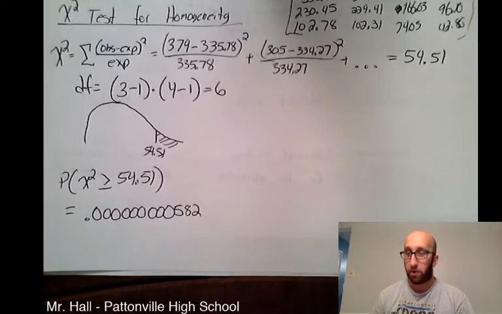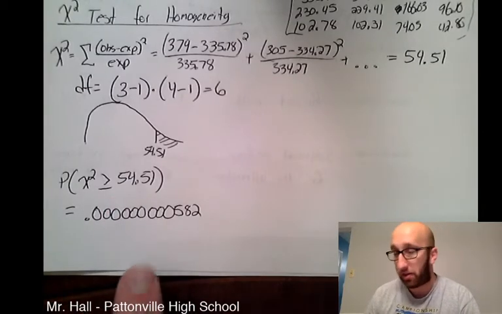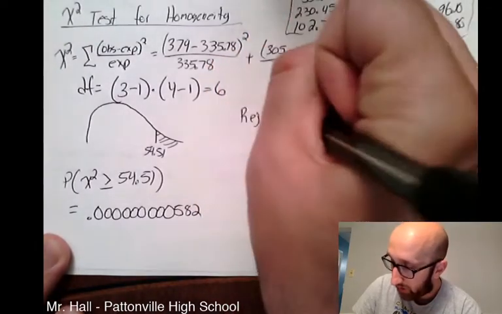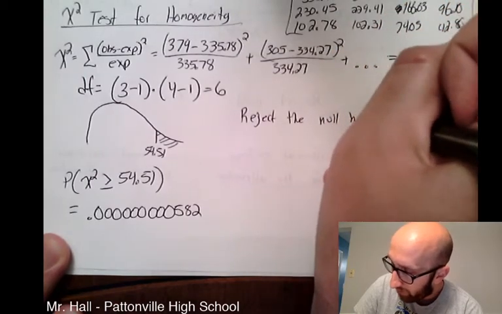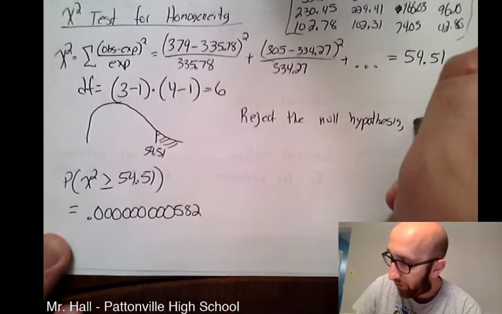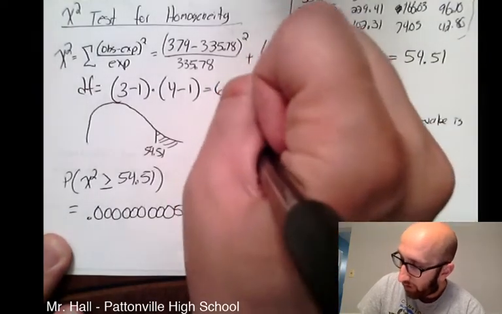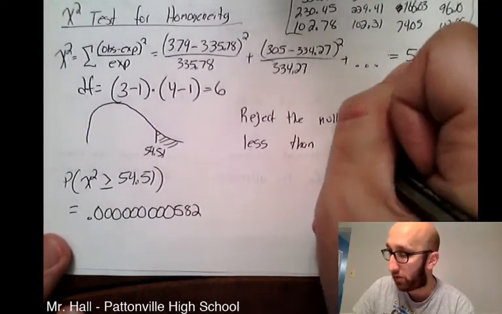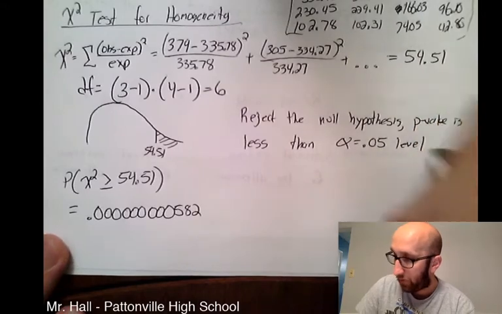Incredibly, incredibly small. So pretty much every alpha out there at this point that we typically use is going to lead to the same conclusion. So we are going to reject the null hypothesis. The reason for that is our p-value is less than, and it didn't designate an alpha, but I'm going to use alpha equals 0.05 level.